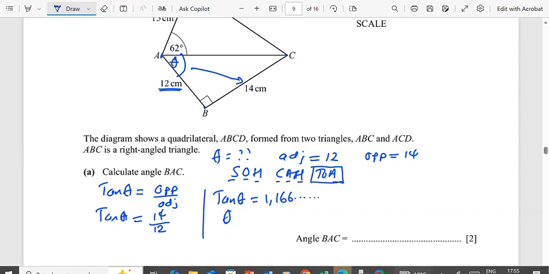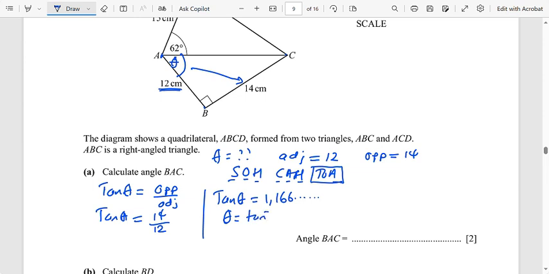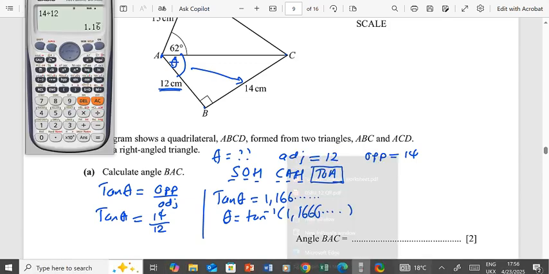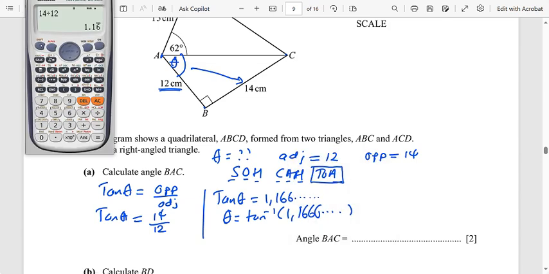So for me to get theta, this is equal to arctan of 1.166 dot dot dot. So I'm just going to say arctan of my answer is 49.39 something degrees. So make sure you're using degrees.